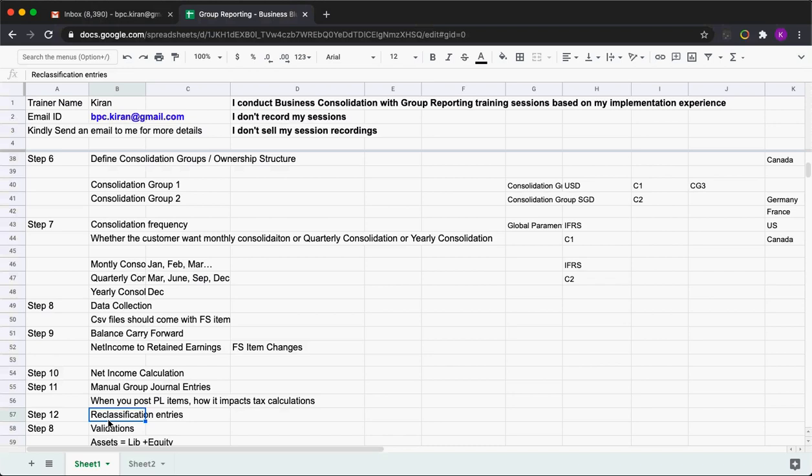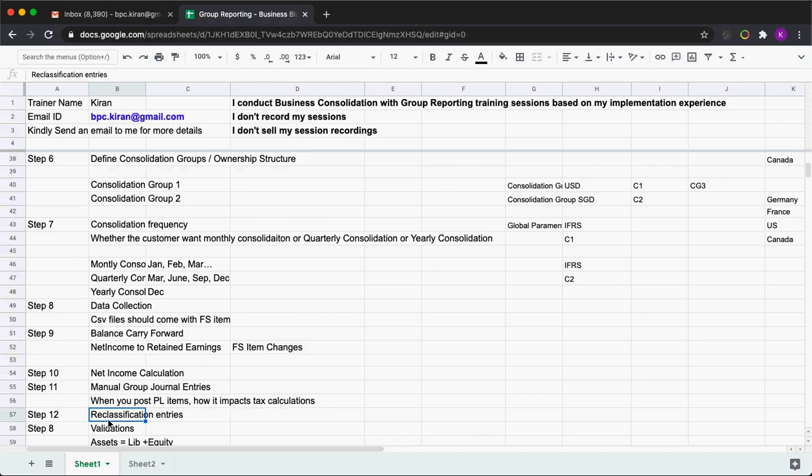Sometimes what happens is that at entity or consolidation unit level you are getting data against gain on asset sale. So the consolidation unit gets data against the FS item gain on asset sale. But in the group reports, you want to show that as other income.